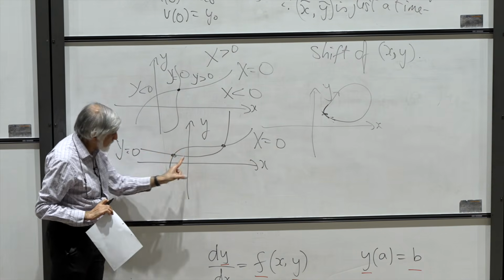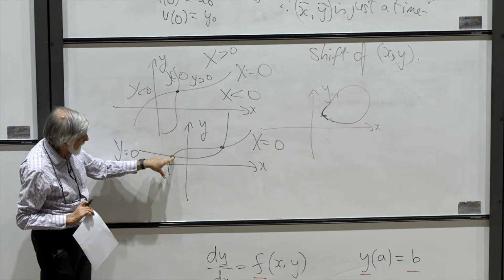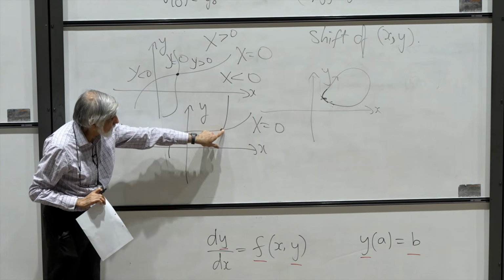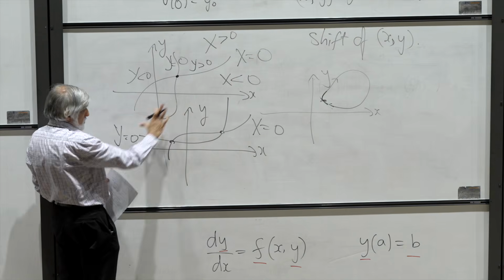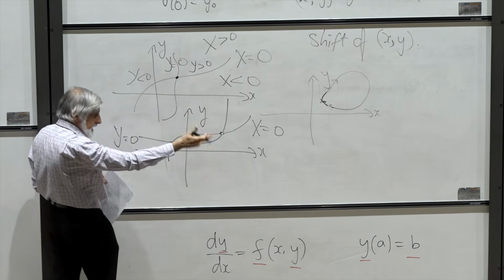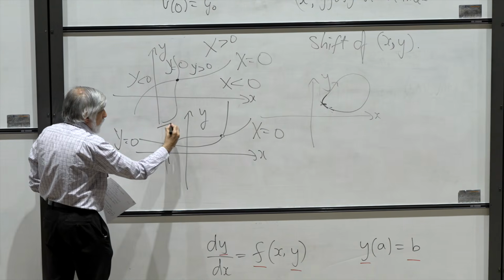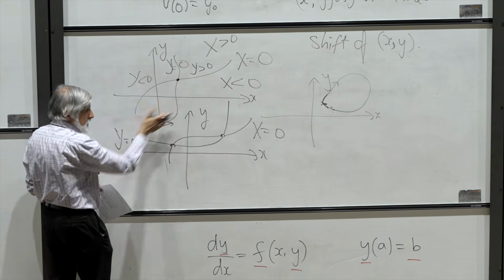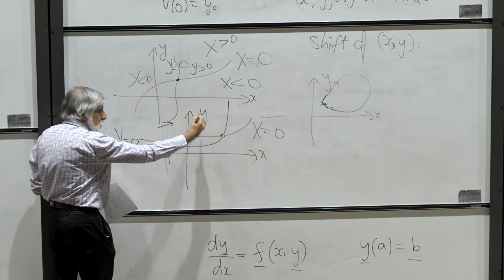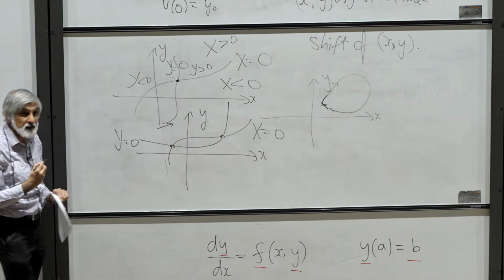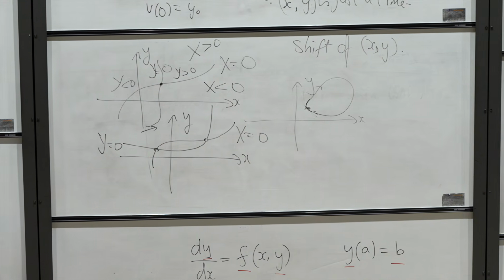You could have more than one trajectory going through here. And then up here, we know big Y is bigger than 0, big X is bigger than 0, etc. So we can have a sense of what the directions must look like, and the combination of those two means we can draw the phase plane without ever having to solve the equations.